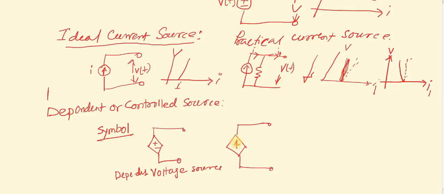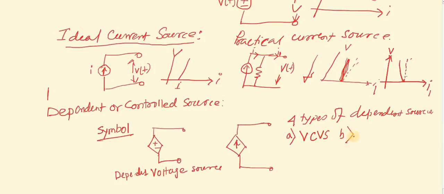There are four possible types of control sources, four types of dependent sources. First is the voltage control voltage source.